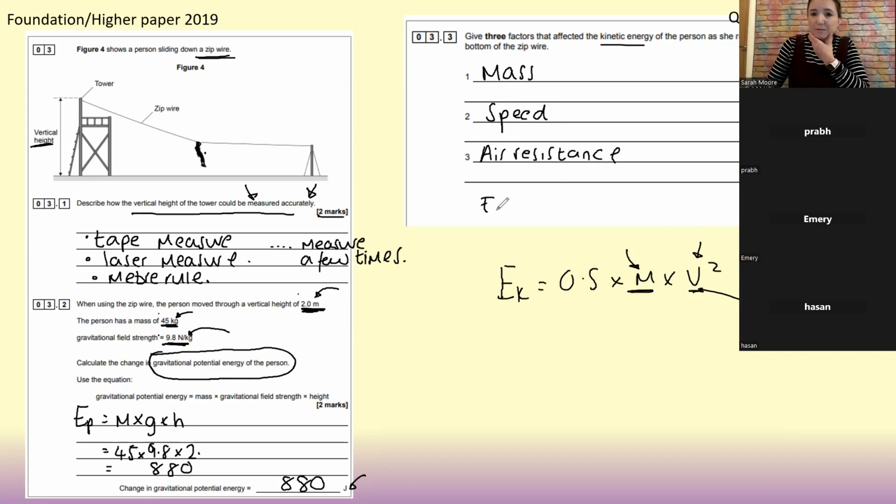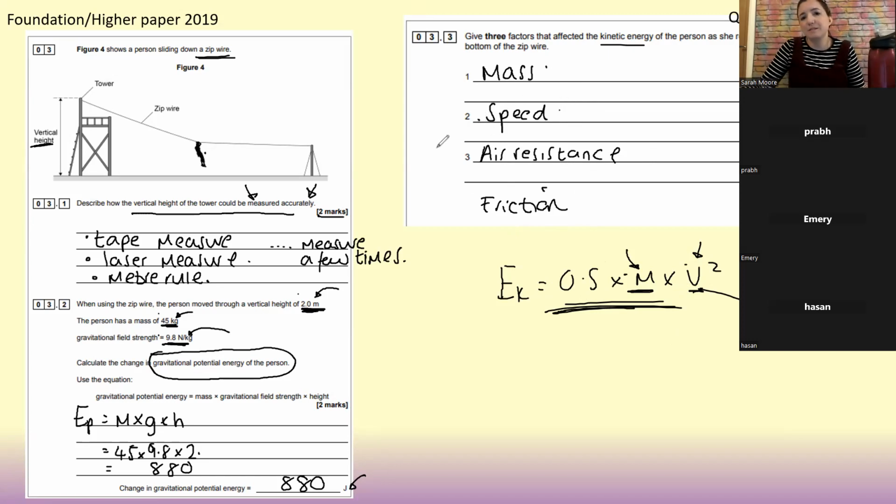And friction as well. There'll be friction between the zip wire and the actual wire itself. So what I've done here is I've made links between what I was asked, which was what can affect the kinetic energy, and the equation. Mass and speed affect the kinetic energy, so therefore they've been my first responses.